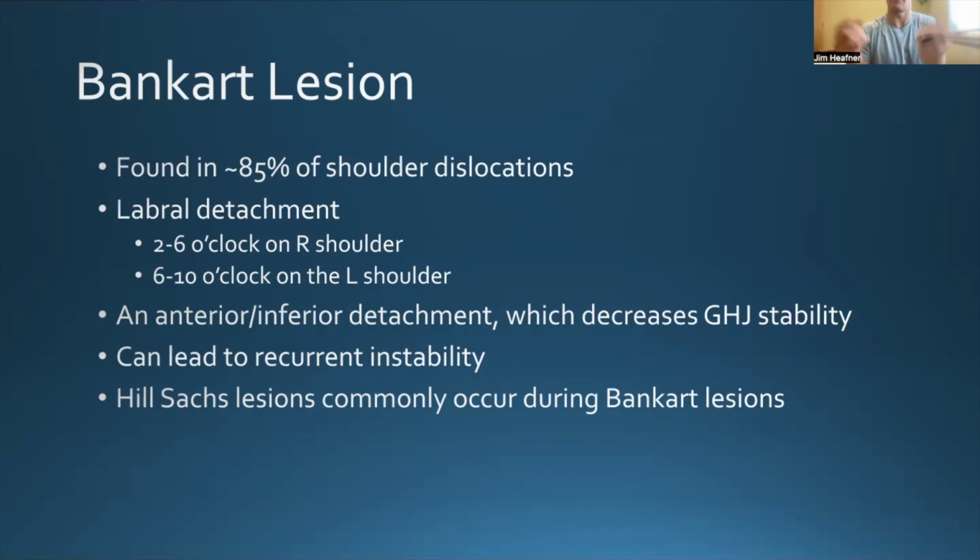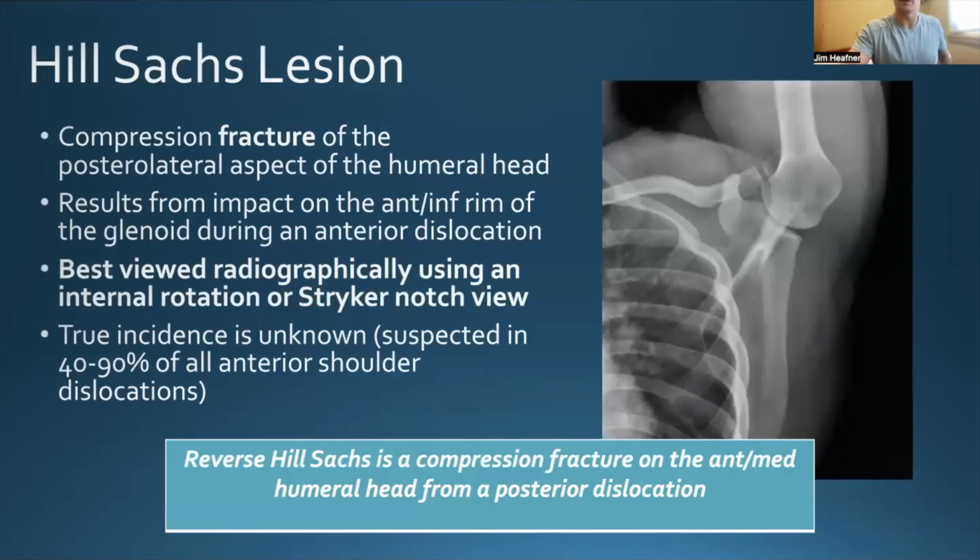So someone who has a traumatic unilateral injury is likely to have a Bankart lesion, and they're also likely to have what's known as a Hill-Sachs lesion, which commonly occurs during the Bankart. The Hill-Sachs lesion is a compression fracture of the posterior lateral aspect of the humeral head. Because it's traumatic, there's a significant amount of force that goes across the glenoid labrum.